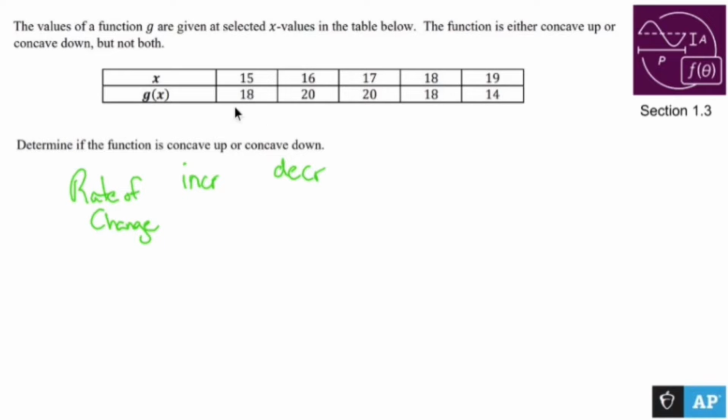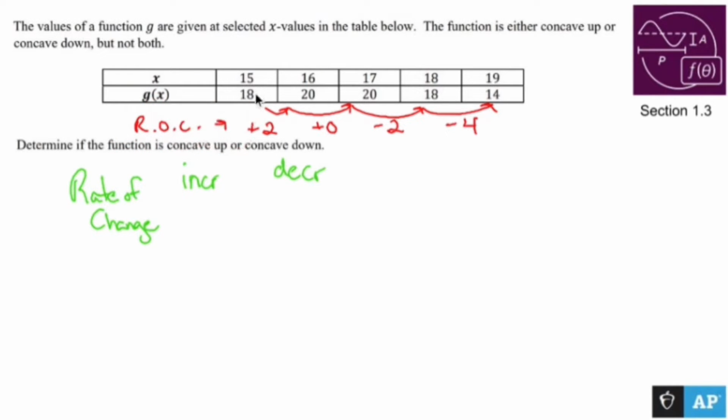And then you see what's going on here. Okay, so to get from 18 to 20, we add 2. To get from 20 to 20, you add 0. To get from 20 to 18, you subtract 2. And to get from 18 to 14, you subtract 4. Now, whenever we do this, you are finding the rate of change.